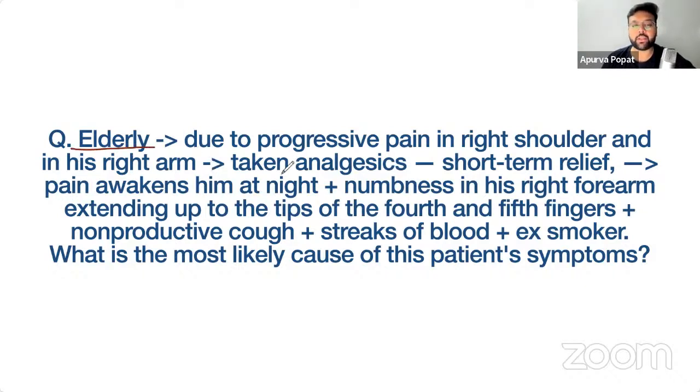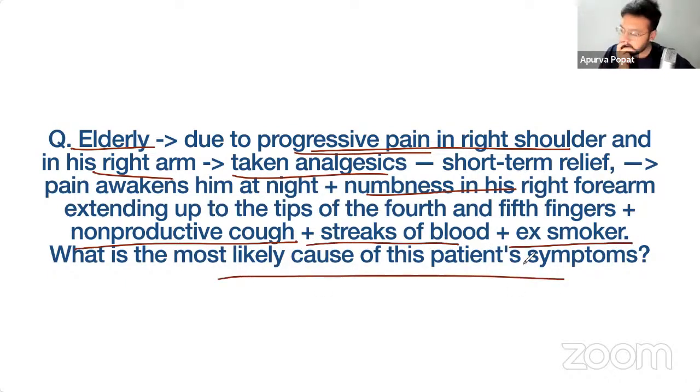Okay, an elderly patient is coming with progressive pain in the right shoulder, and there is right arm pain as well. He has taken analgesics without any good relief. There is numbness in his right forearm, which is extending up to the tips of the fourth and fifth fingers, and he's having a non-productive cough with streaks of blood, and he's an ex-smoker.